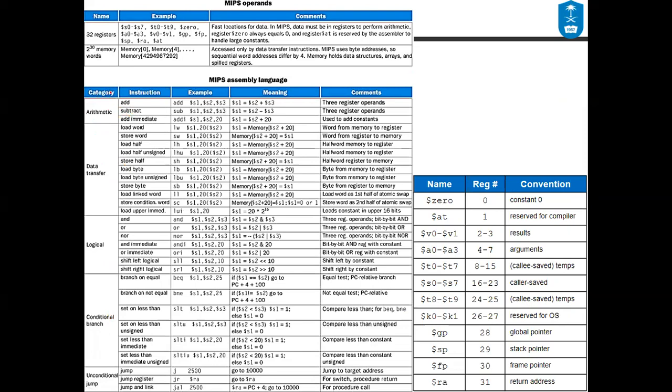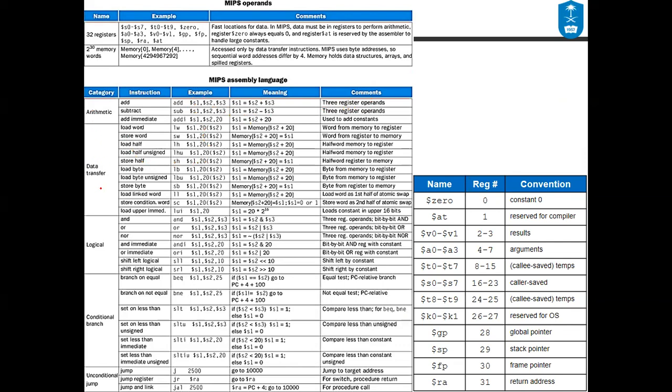You can see that we have the instruction here. This is an example of how to write it in the assembly code. And this is the meaning. What does this instruction mean? And here are some comments sometimes to make things clear. Of course, each one of them, we will study in detail in the coming slides.